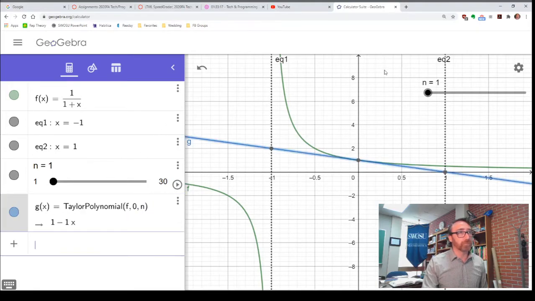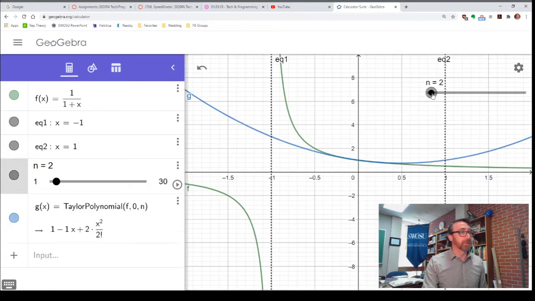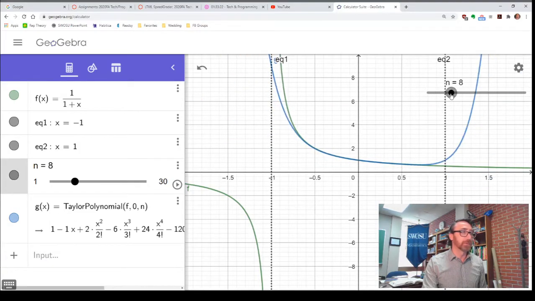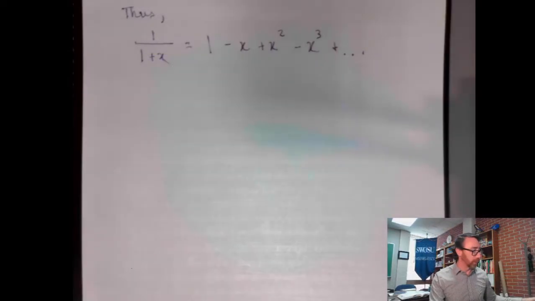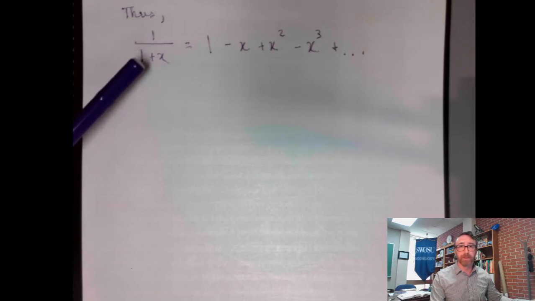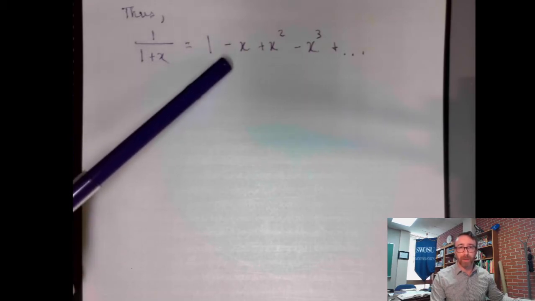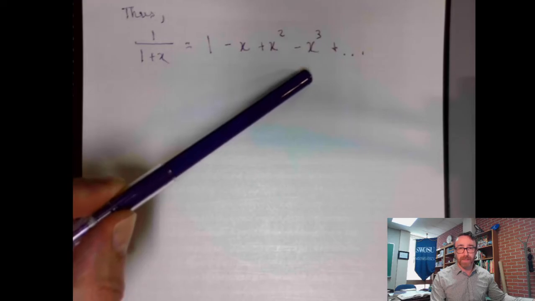Okay, so as we increase n, we'll see this here. Okay, great. Now notice the calculator pane right here is not doing the canceling that we did before. If we switch back, you can see, okay, we said that the series should have been 1 minus x plus x squared minus x cubed.